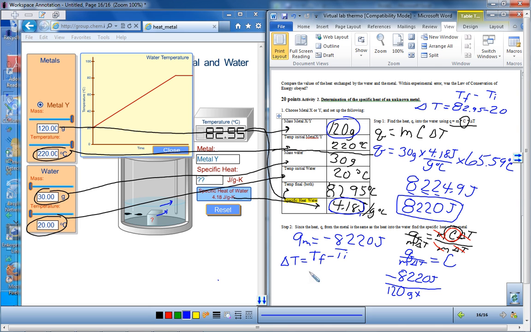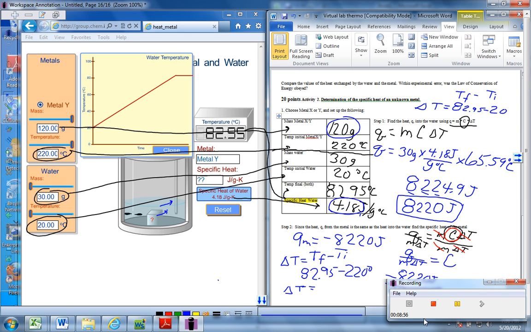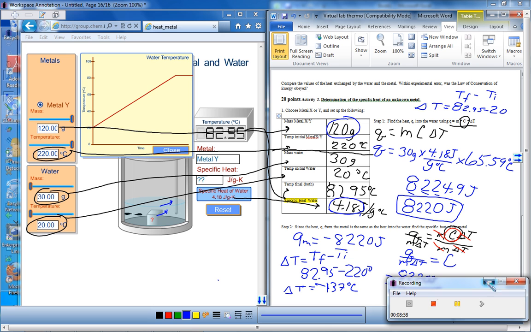Okay, and in this case the final is 82.95 minus my initial, which was 220 degrees C. If you notice, that's going to be a negative number. So that comes out to negative 137.